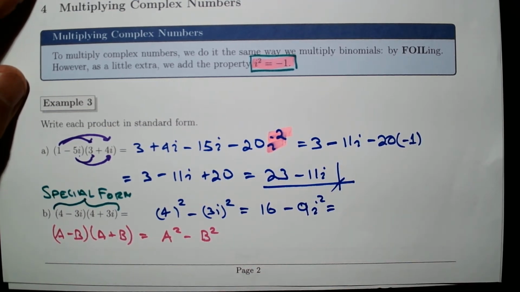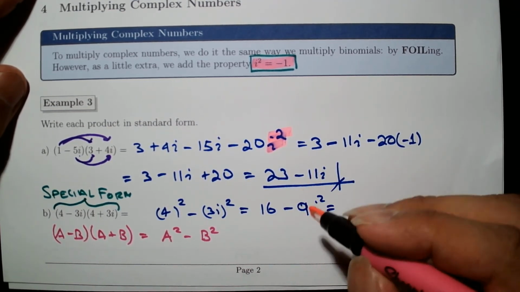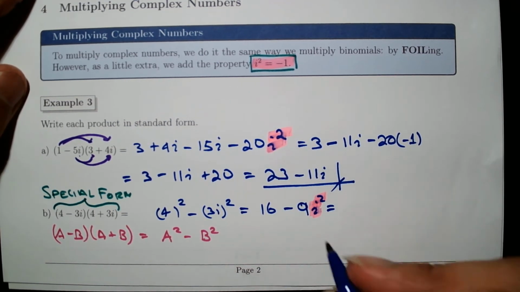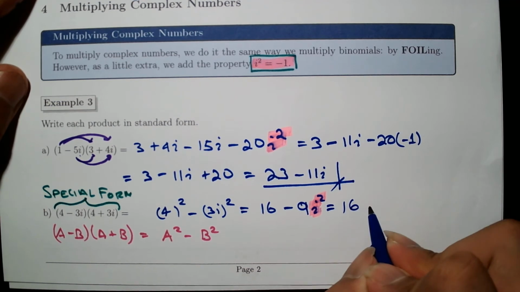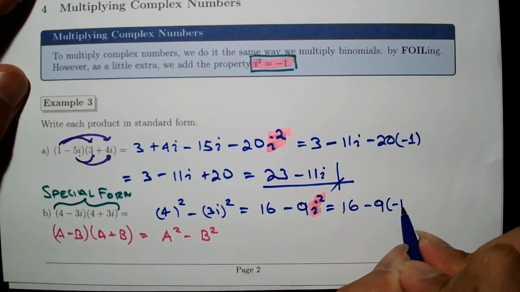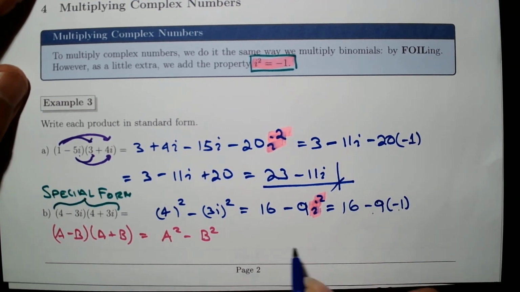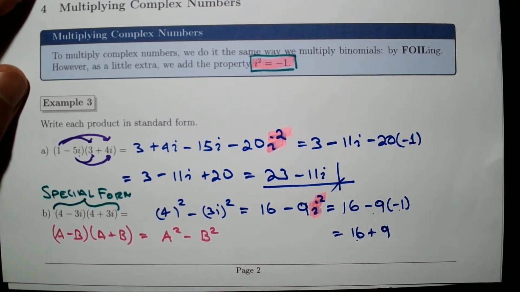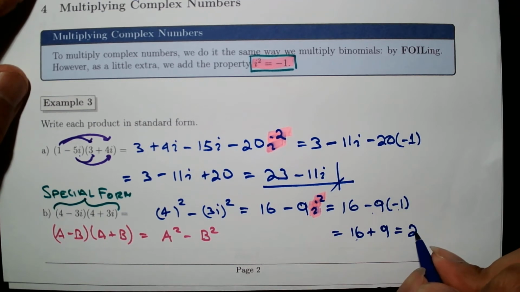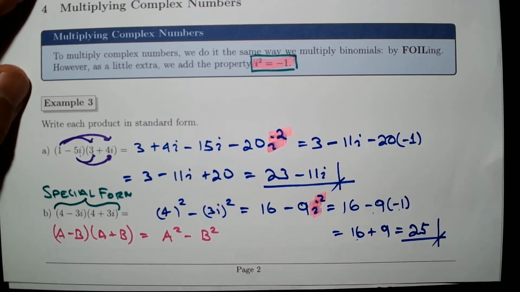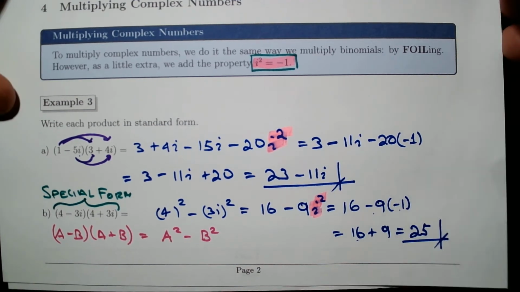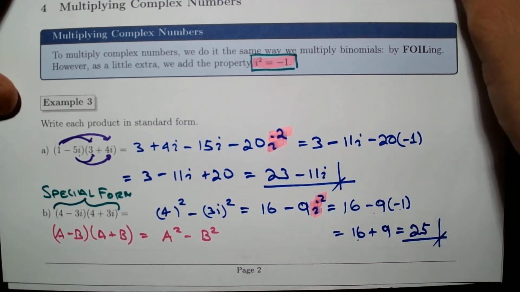But again, what did we say about i squared? i squared equals, that's correct, negative 1. Negative times a negative. 16 plus 9, 25. Okay. So that's a couple of examples of multiplying complex numbers.